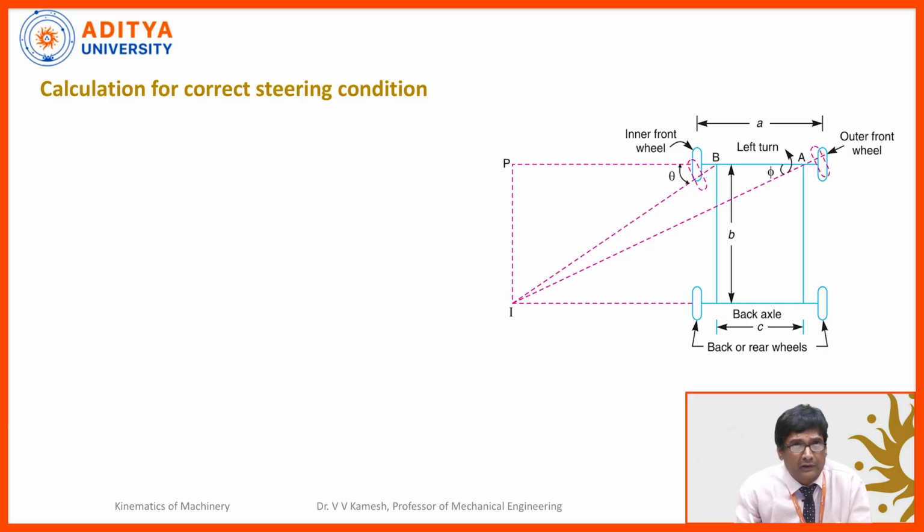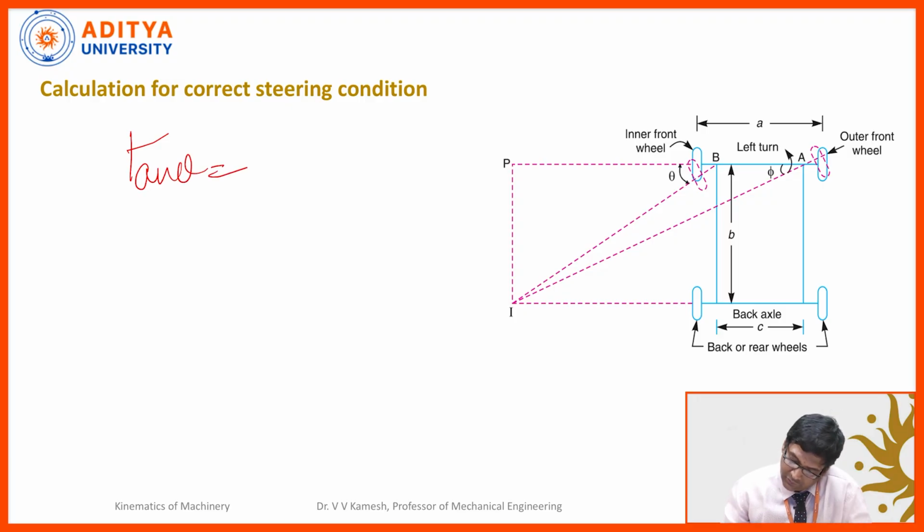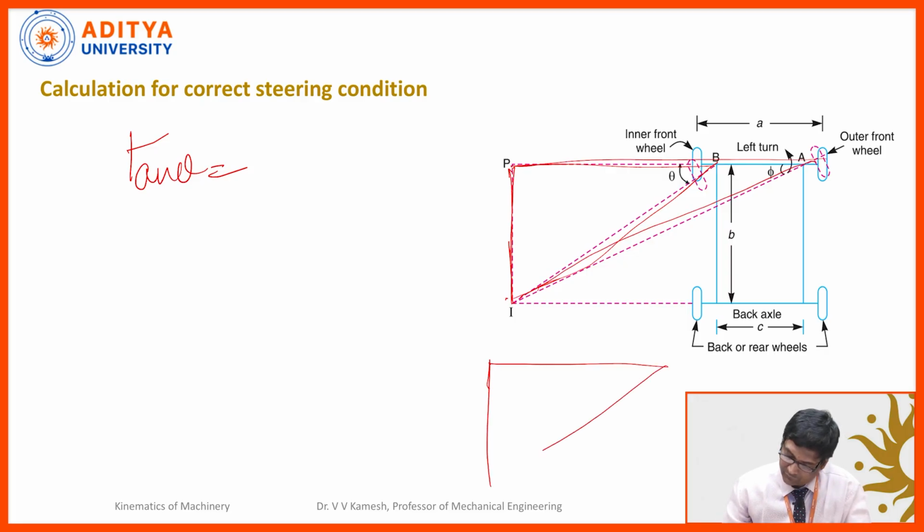Now by using these, we will identify the correct angle for the steering condition. In this, we will calculate tan theta. We need to identify some triangles: the right angle triangle IPB and the right angle triangle IPA. In IPB, this is theta.